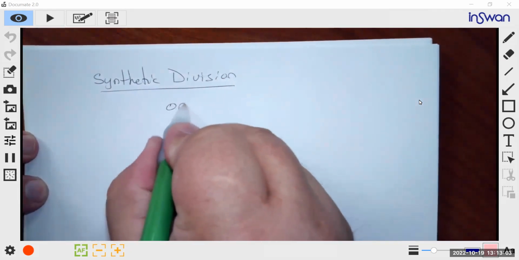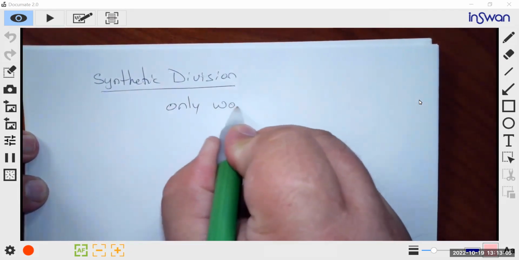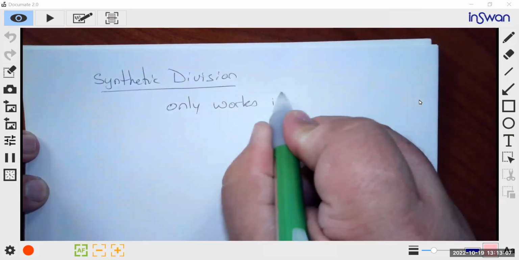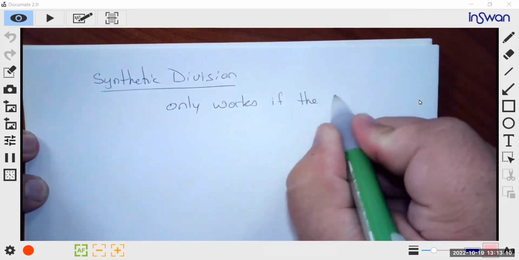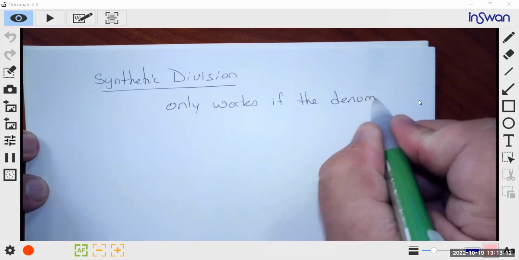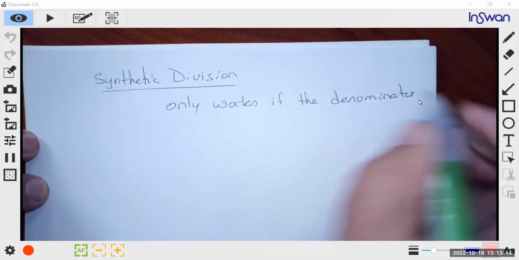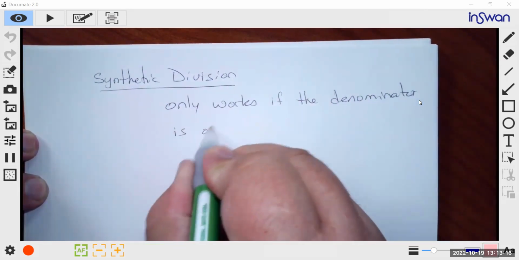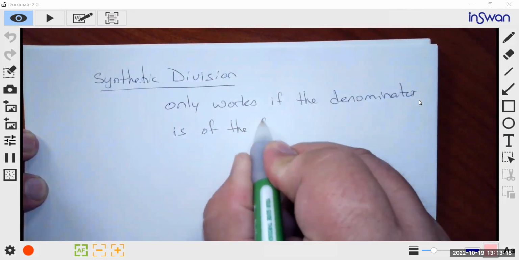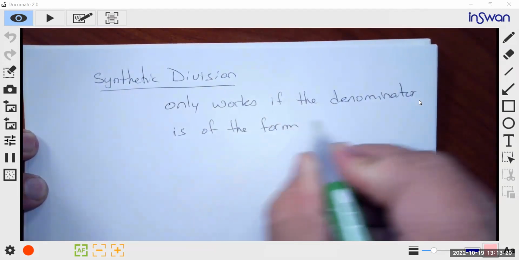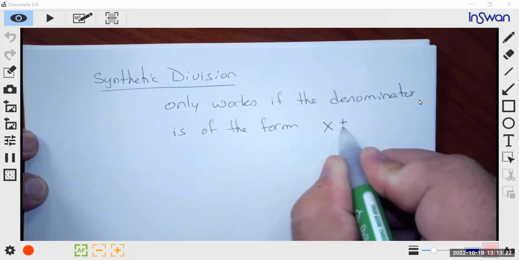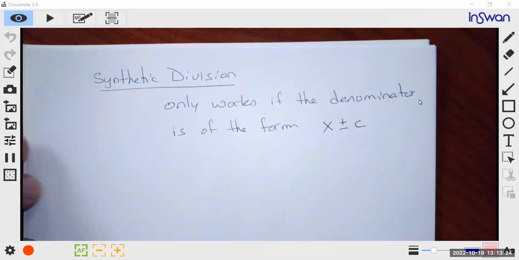It only works if the denominator is of the form x plus or minus some number.